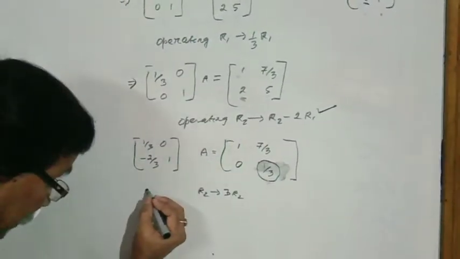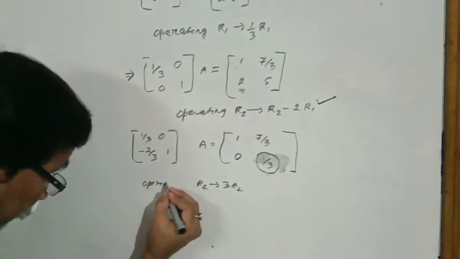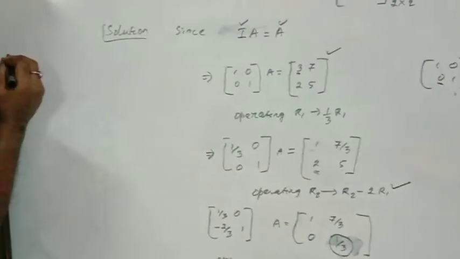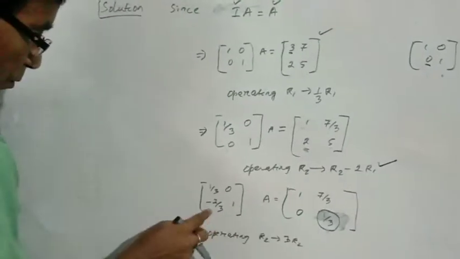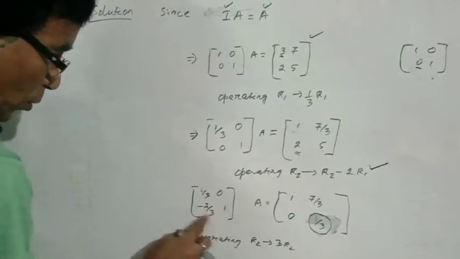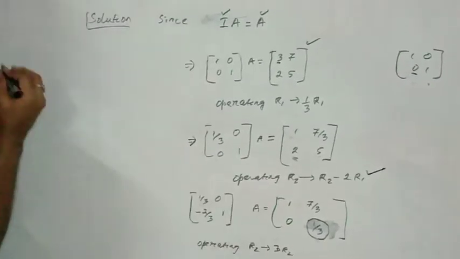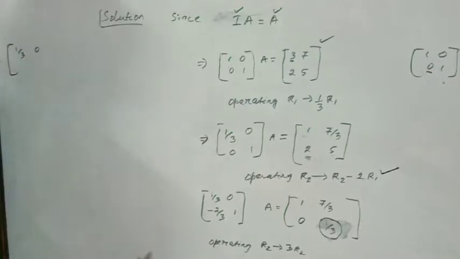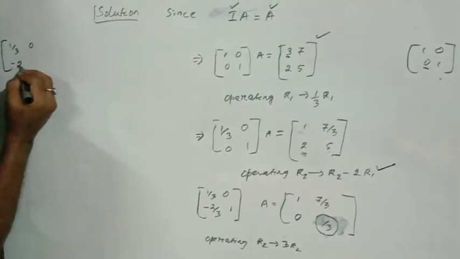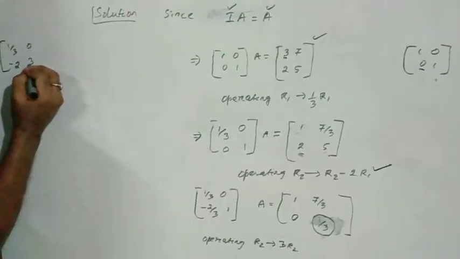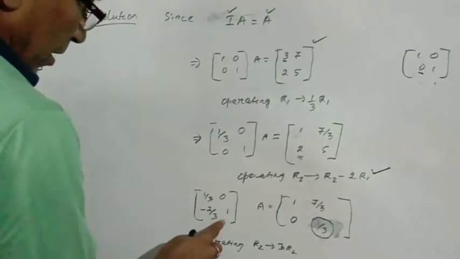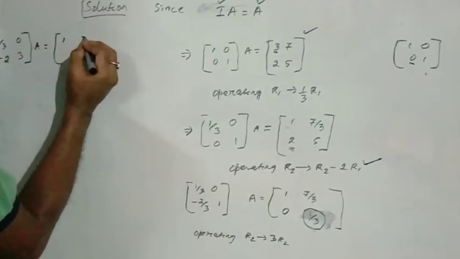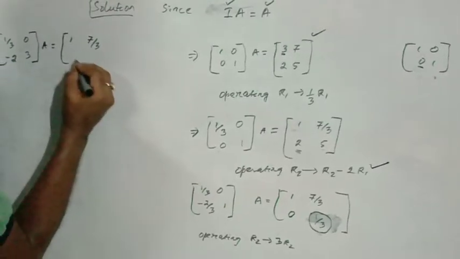So operating row 2 as 3 times row 2, first row will remain unchanged, 1 by 3, 0, and this becomes minus 2, 3, into A, that is equal to 1, 7 by 3, 0, 1.